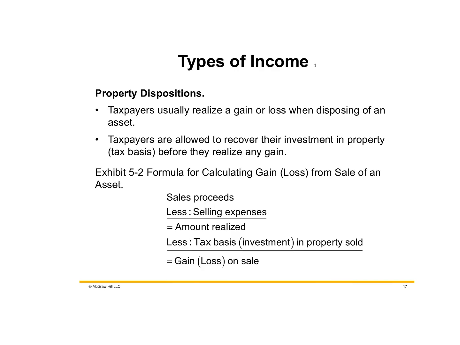Our next type of income that we are going to look at is property dispositions. So, whenever a taxpayer sells or disposes of an asset, they will usually recognize a gain or a loss.